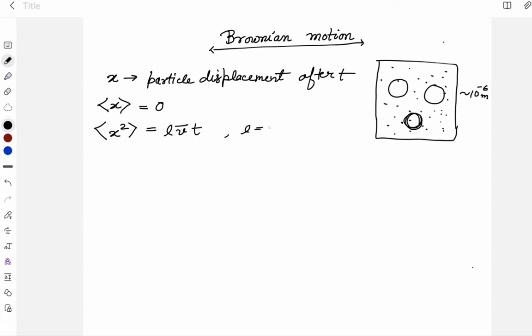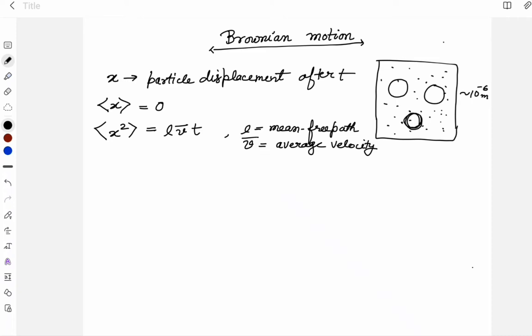L is the mean free path, v bar is the average velocity, and t is the time.